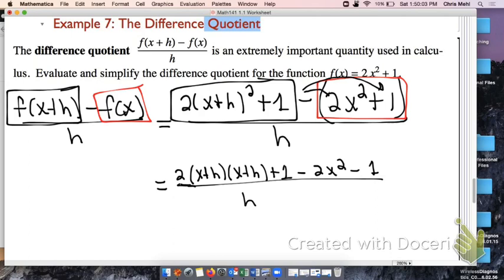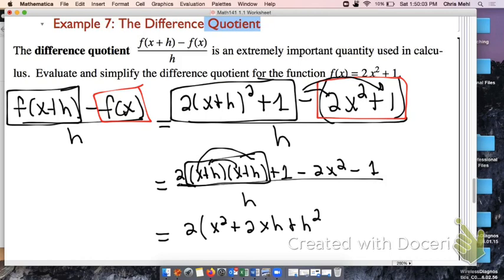Okay, now in the next step, I will multiply the x plus h's together. I'm going to multiply these two, and you have to FOIL it. It ends up being x squared plus, now you're going to get an xh and another xh when you do the inner and outer multiplications. So it becomes x squared plus 2xh plus h squared. And if you actually look up here, you're going to notice that the plus 1 and minus 1 are going to cancel. I'm just left with a minus 2x squared.